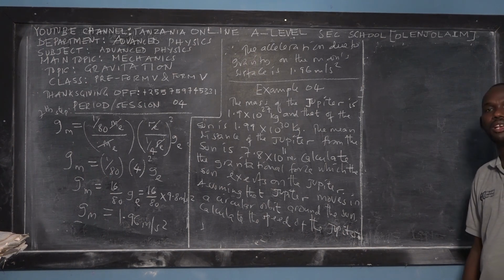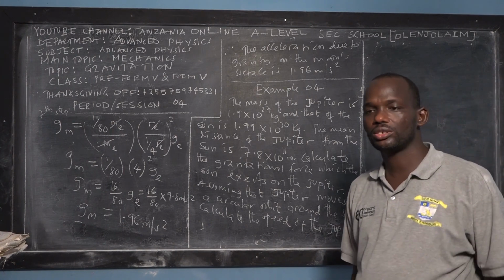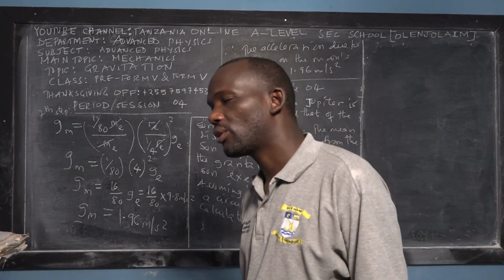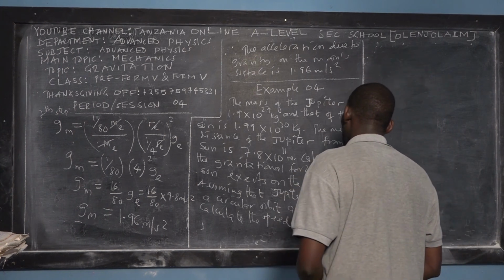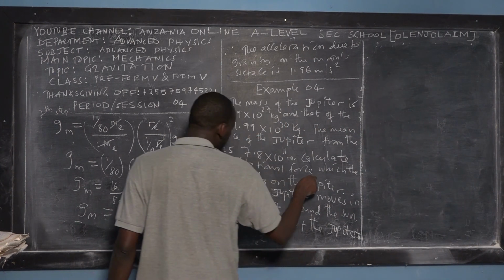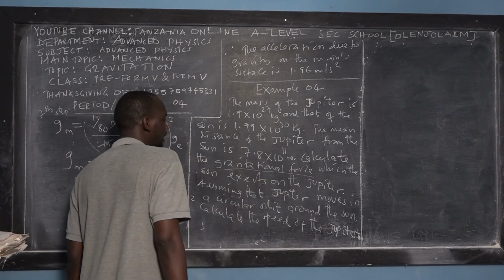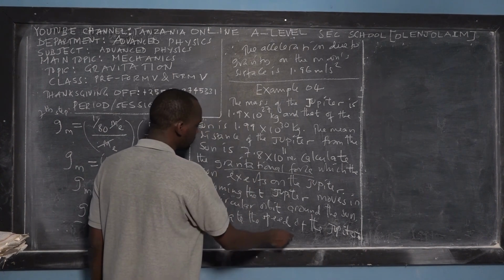So how many questions do we have there? Two questions. Number 1, we have to calculate the gravitational force. And number 2, we have to calculate the speed.